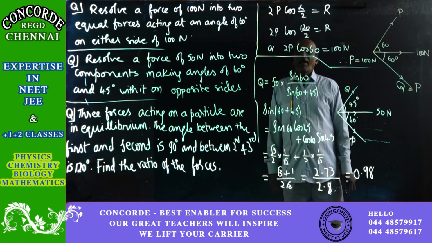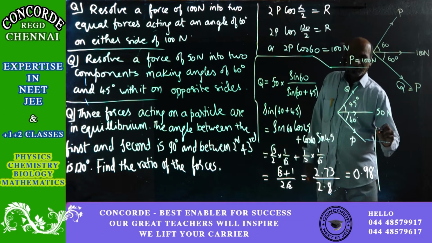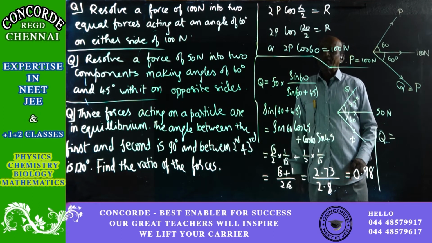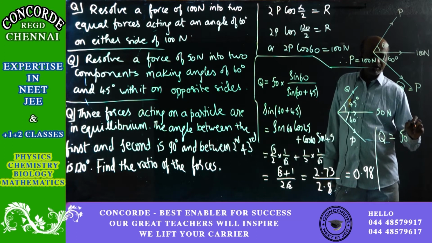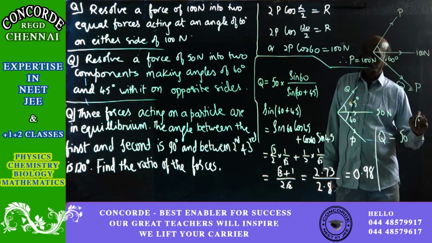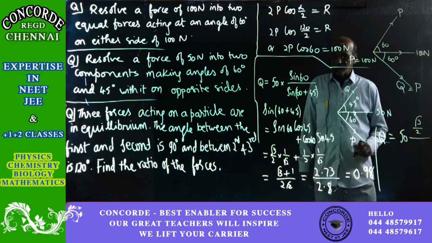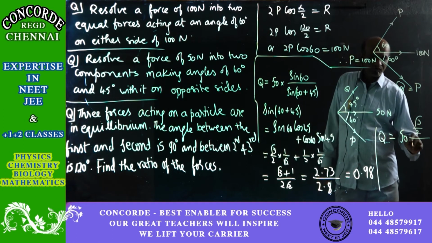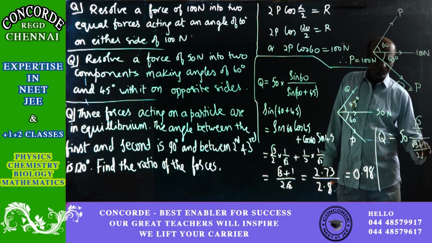And when you find the value of Q, Q is equal to 50 into sine 60. Sine 60 is root 3 by 2. Then dividing it by sine 60 plus 45, which is equal to root 3 plus 1 by 2 root 2.